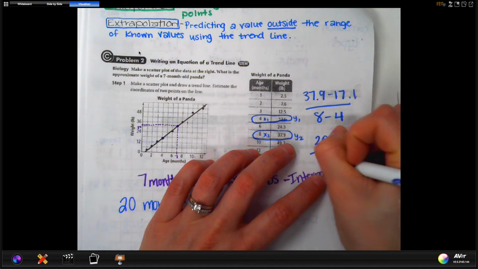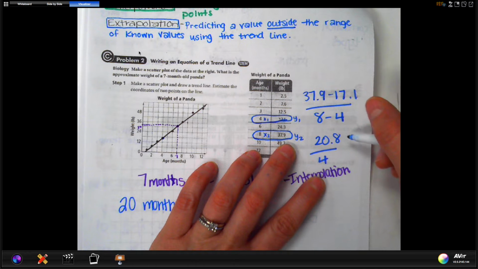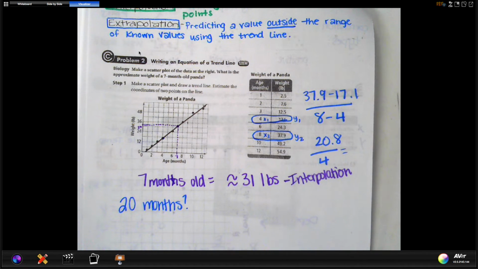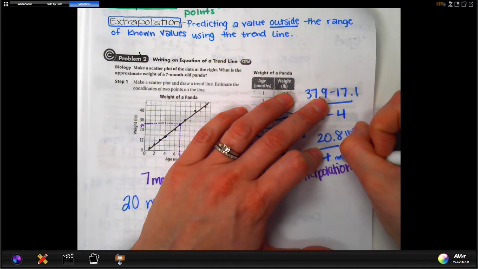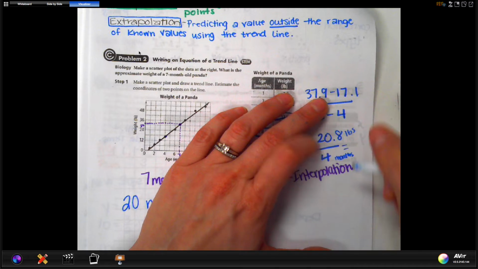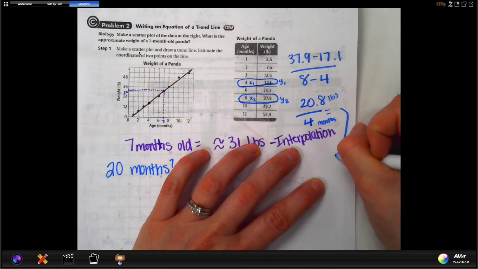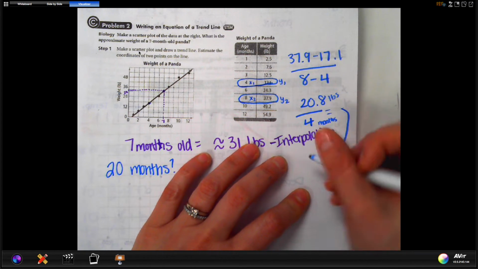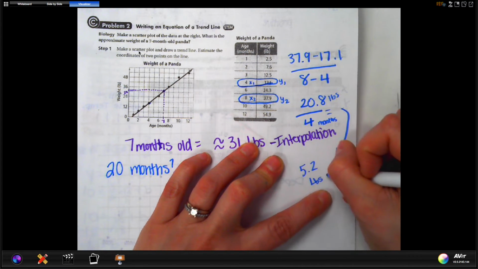over 4, right? So it's saying 20.8 is our weight, that's pounds, in 4 months. So if we divide that, what do we get? 5.2. Okay, so 20.8 divided by 4, 20.8 pounds in 4 months is really 5.2 pounds per month, right?